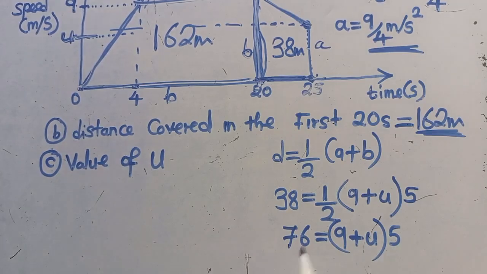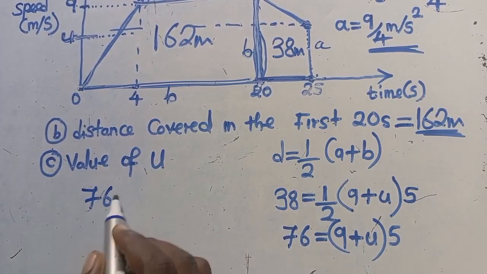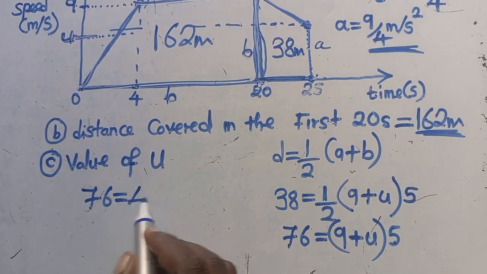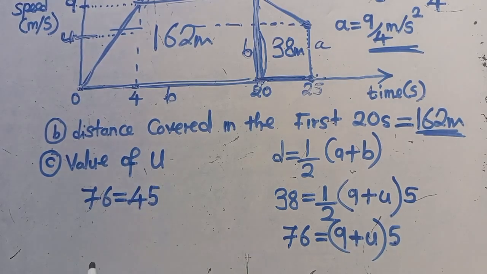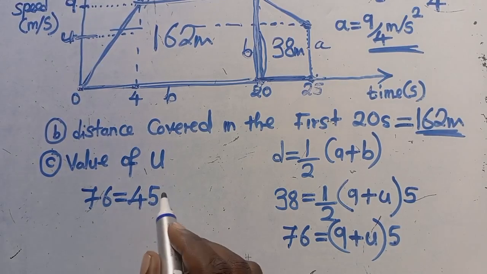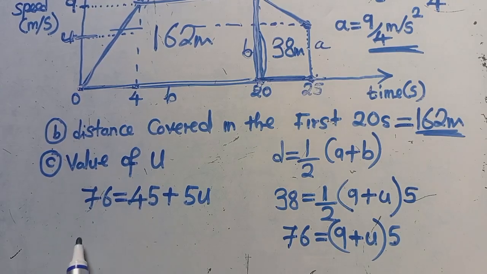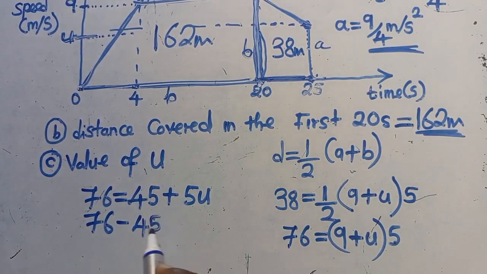I multiply now. This is 76, which is equal to, what is 5 times 9? I get 45, isn't it? Then plus 5u. Here I group the like terms together. 76 minus 45 is equal to 5u.